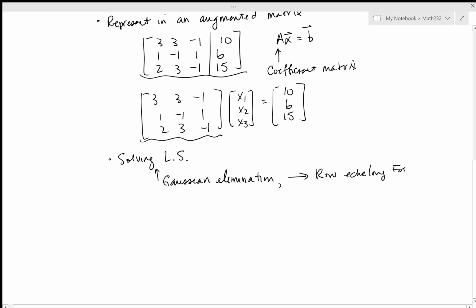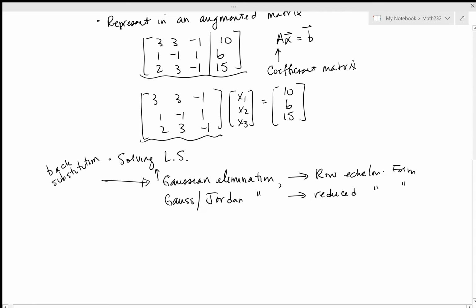And then we also saw Gauss-Jordan elimination, and that took us to the reduced row echelon form. If we just did the Gaussian elimination, we saw that we could solve the system as well, following the Gaussian elimination, by using back substitution.